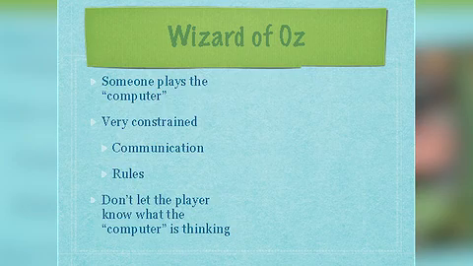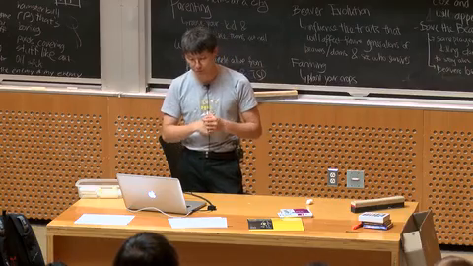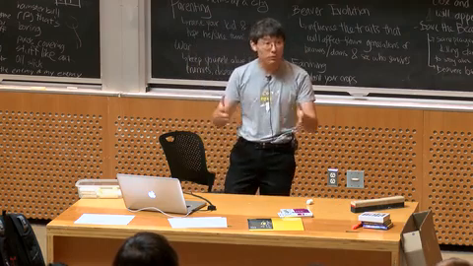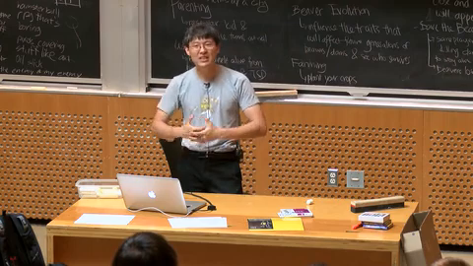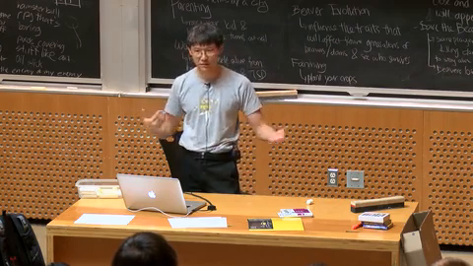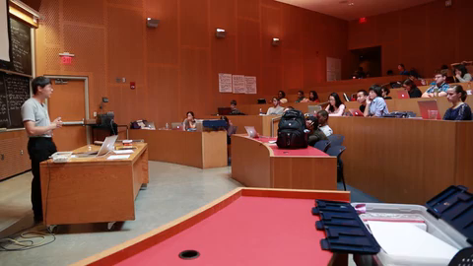What we're going to be doing is a Wizard of Oz test for your games, and that is someone playing the computer. It's very constrained in terms of communication between the computer and the person who's testing your game. The rules are usually pretty rigid, and the nice thing about it is that you can do a pretty deep analysis of your game.